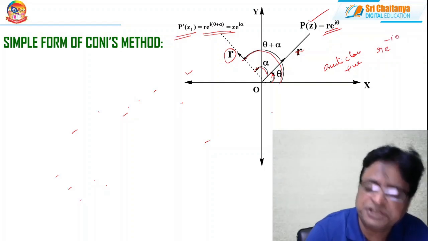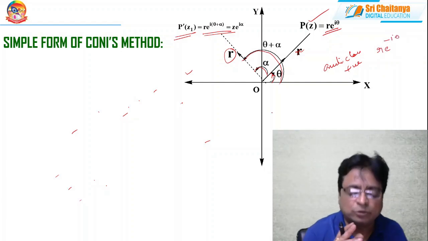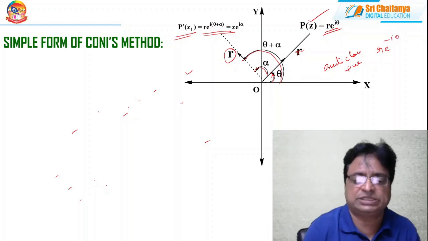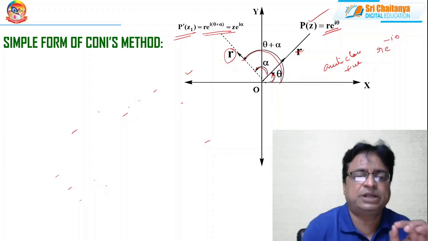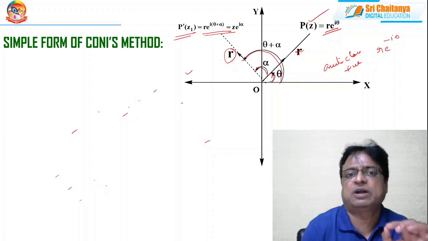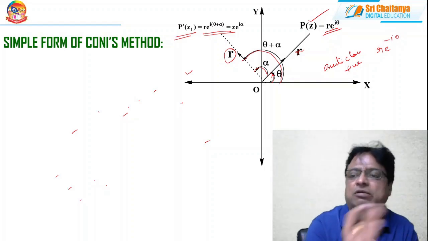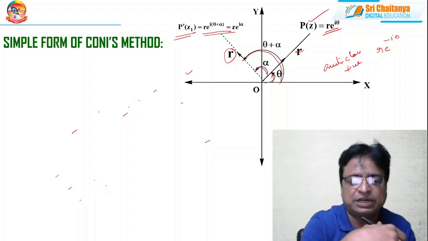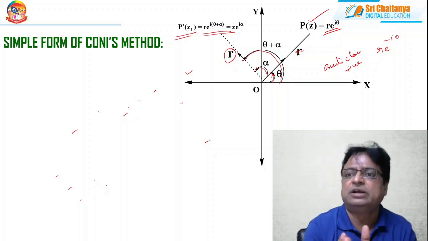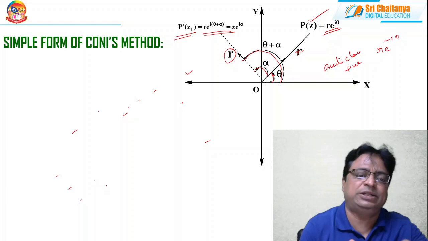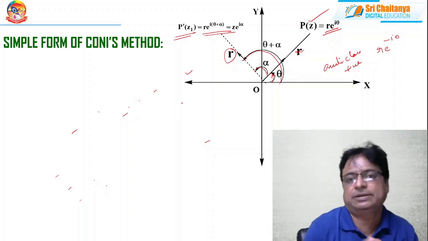So if I have changed the direction, here are two important points you have to practice. Whenever I mention an argument theta, the principal argument theta, that theta is in the anti-clockwise direction. If you are taking that in a clockwise direction, then in the place of theta you have to write minus theta.